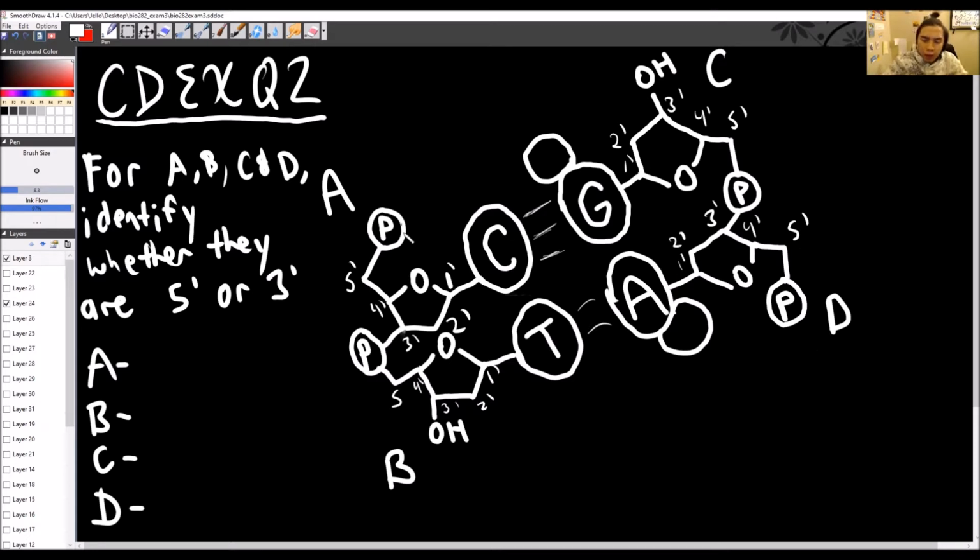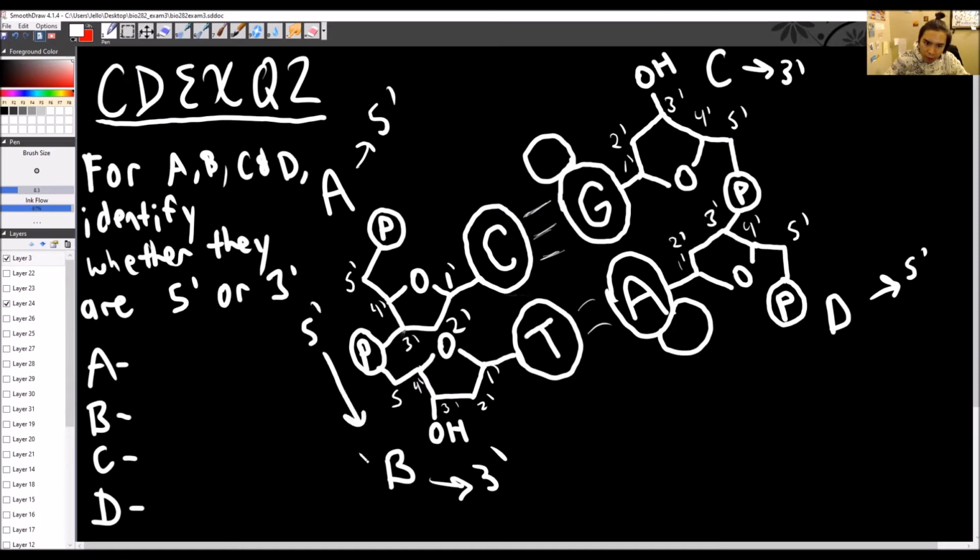Cool. So we see that this would be the 5' end because it has that phosphate hanging off of it, and this would be that 3' end. So A would be 5', B would be 3', that would be C, and D would also be 5'. We see that the directionality goes from 5' to 3', and this one, going from top to bottom, would go 3' to 5'.